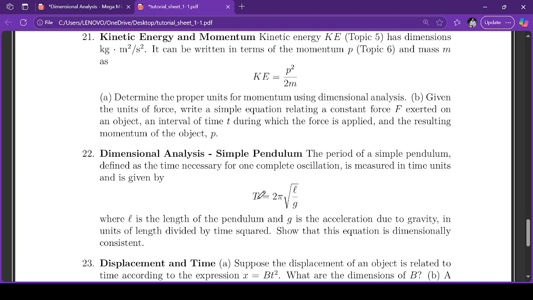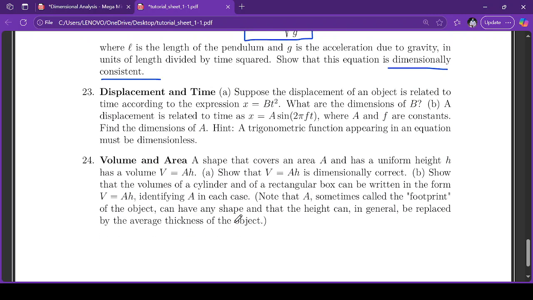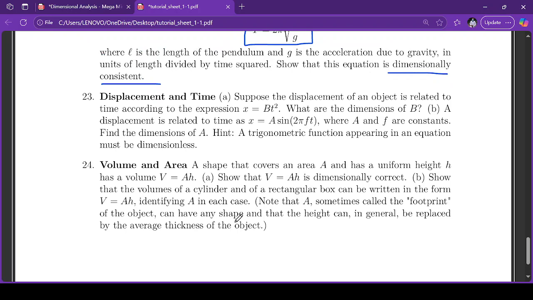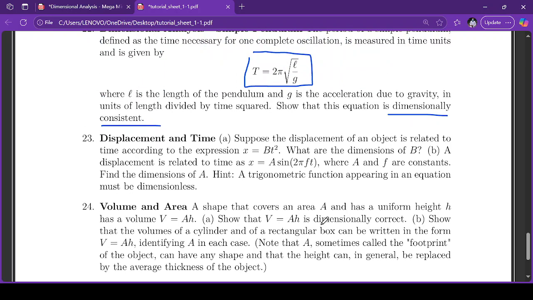For a simple pendulum, they want us to prove that this equation is dimensionally consistent, which is the same as saying dimensionally correct. I have a number of examples, and I'm just going to answer this one. Even this is in the document, so I'm feeling lazy a little bit, sorry.